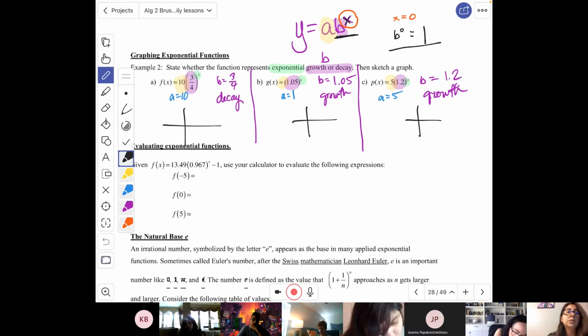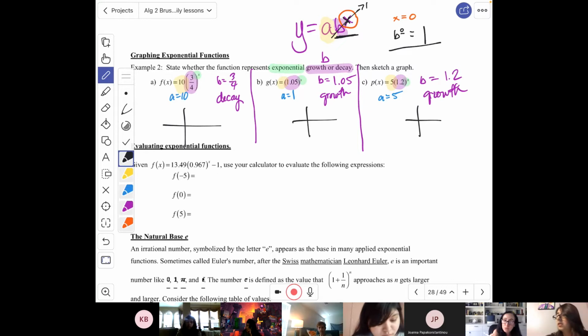Okay, so I'm working backwards to help you understand how to quickly sketch these. If I have b to the x power where x is 0, I'm on the y-axis, right? That means this becomes 1. Anything times 1 is itself.